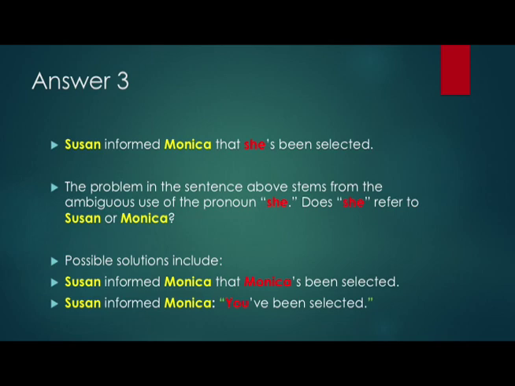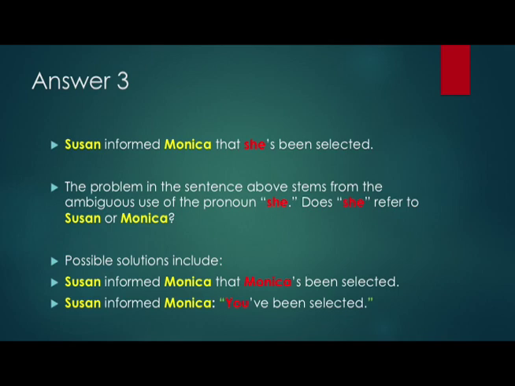It could refer to Susan, or it could refer to Monica. We don't know. So again, possible solutions here. The first one: Susan informed Monica that Monica's been selected. Again, if you replace the ambiguous pronoun with an actual noun, it will always be correct.